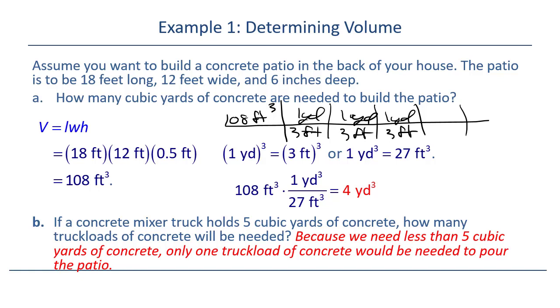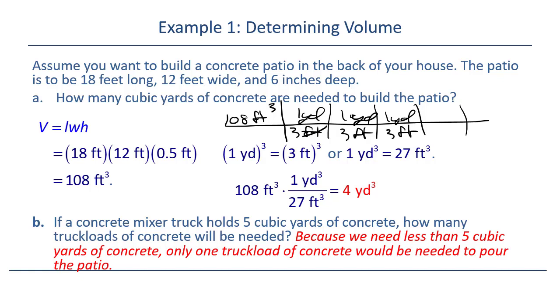Notice that 1 yard and 3 feet are the same thing, so this fraction is really equivalent to 1. When you multiply something by 1, you don't change its value, just the way it looks, because now instead of feet, I'm going to be in yards.